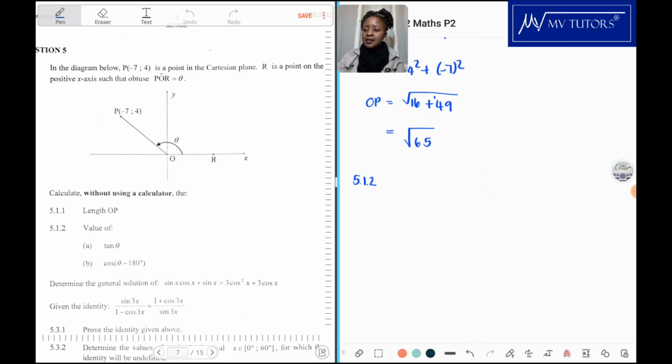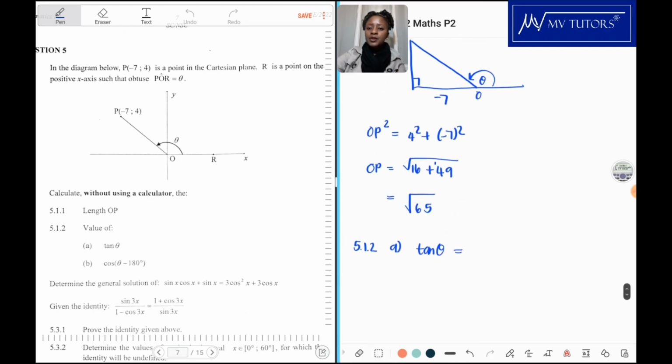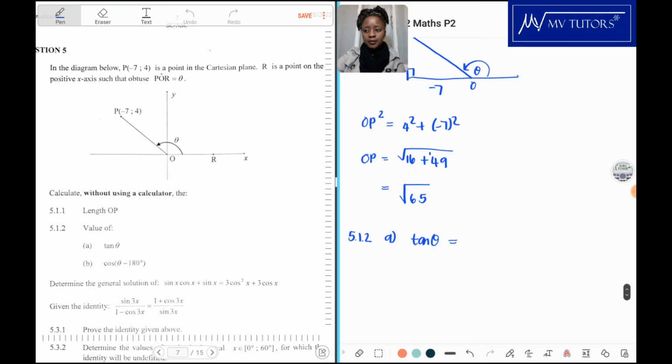Alright, and then it says, calculate the value of tan theta. Okay, so how would I do this? I have an obtuse angle, né? And if I want to reduce this to an acute angle, in the second quadrant, I basically have 180 minus theta.